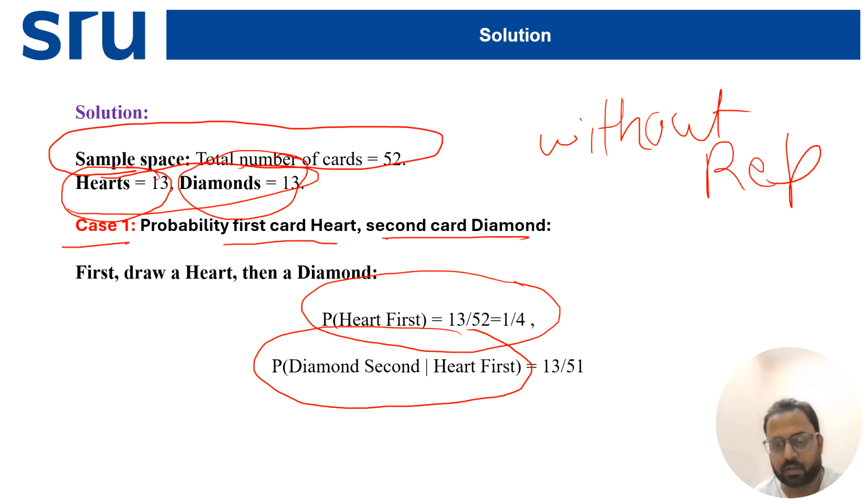Of course, the total number of cards decreases from 52 to 51. So the total number of diamond cards is 13 and the total number of cards decreases to 51. So 13 by 51 is the probability of selecting a diamond card.